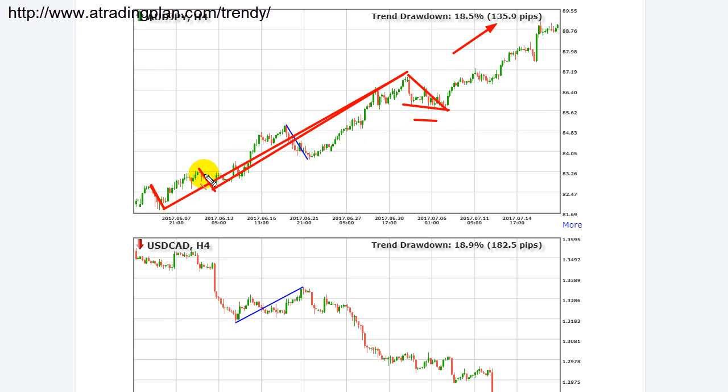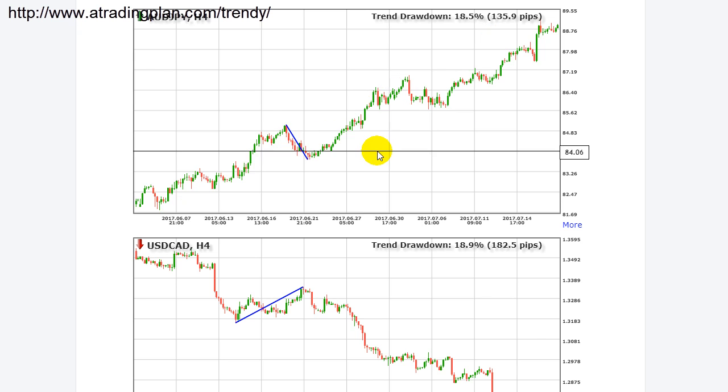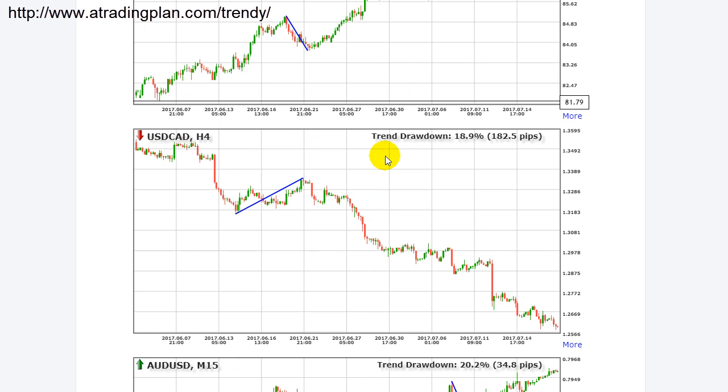Projecting these lengths down, that's actually not a bad area to start looking for trades, especially when you've got a confluence of a support, resistance, or in this case, it would have been resistance, broken, potential support on the downside. And that's actually a very cool way to trade.